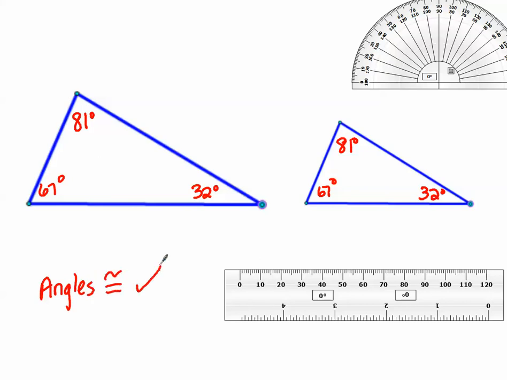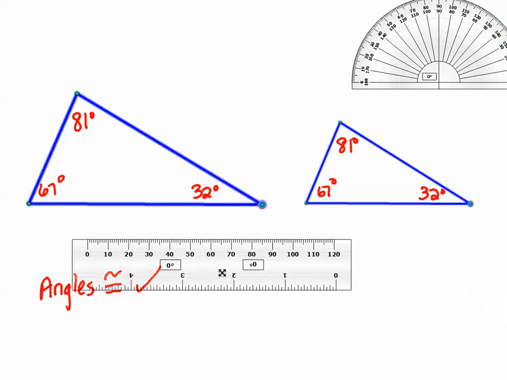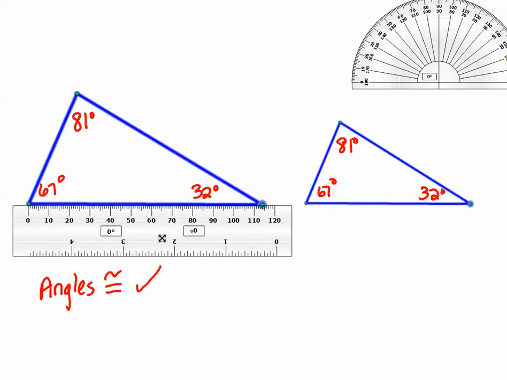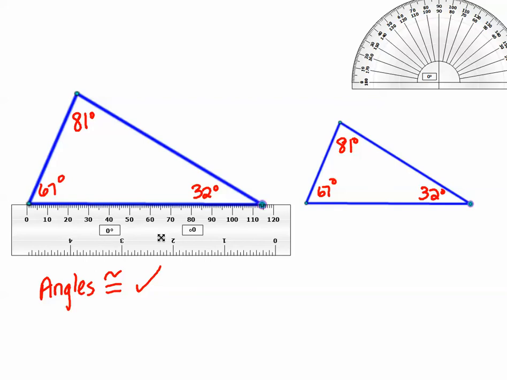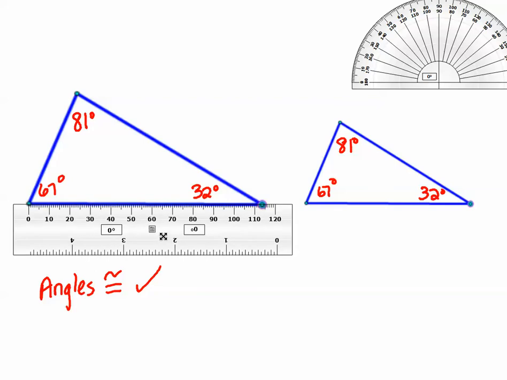That checks out in this picture. The angles are congruent. Clearly the sides are not of the same size. Let's check out what happens to the length of the side. So I've got my ruler here, and I'm going to start by measuring this side, and it looks like this longest side is approximately 114 units long.